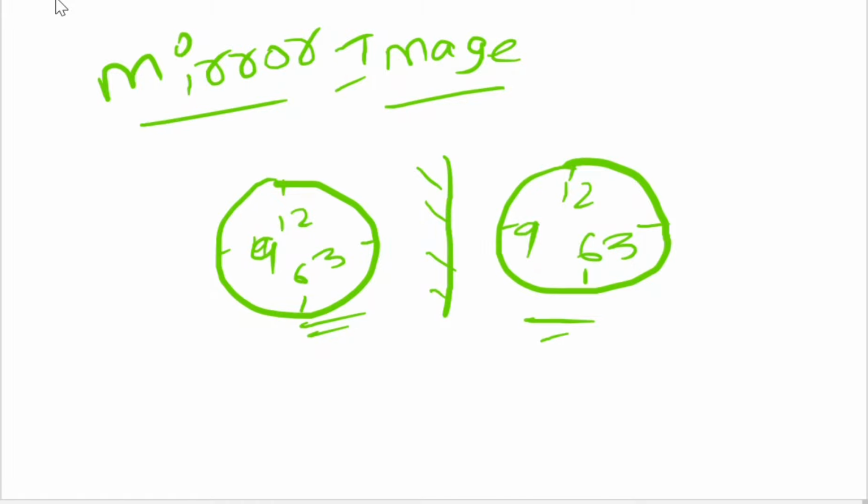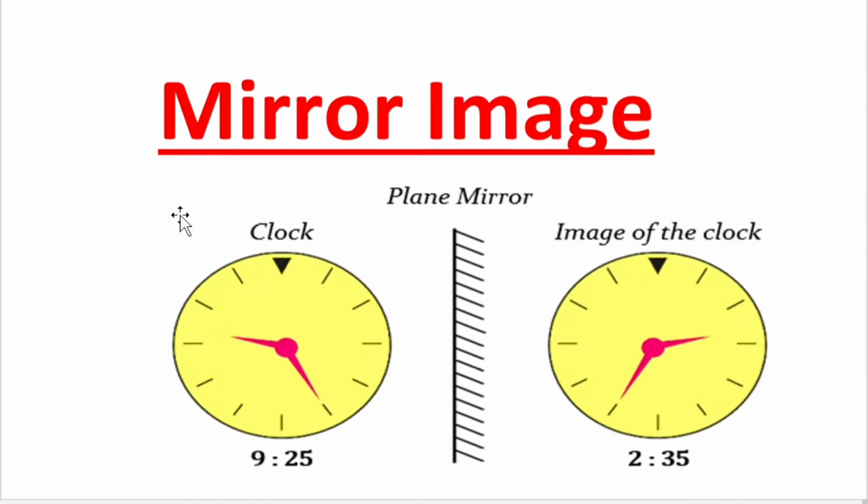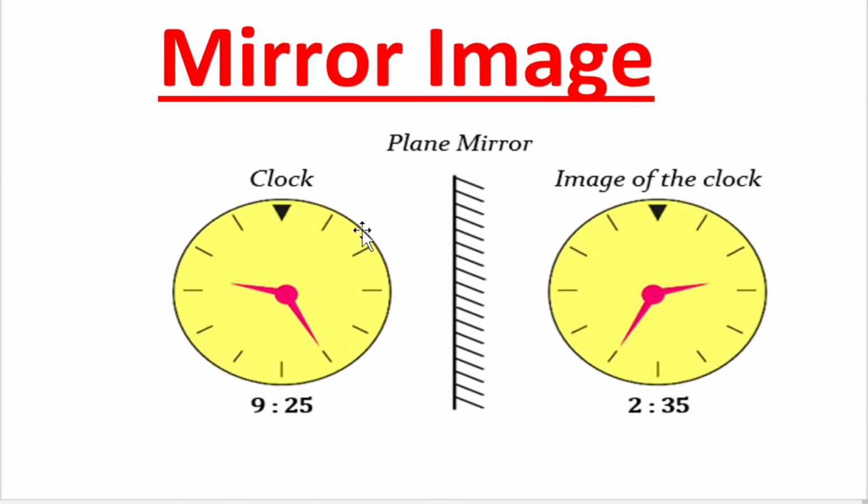I'm showing you in an exact diagrammatic way. So this is the mirror image topic. If you place a clock in front of a mirror, there will definitely be a mirror image. If you stand in front of a mirror, your image will be reflected in a certain way.